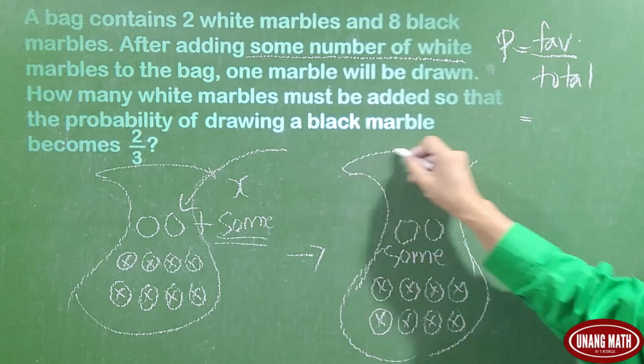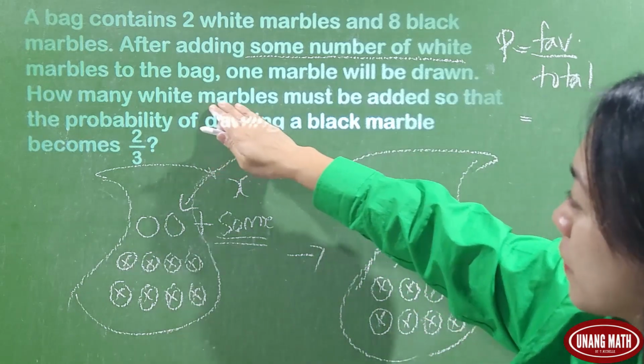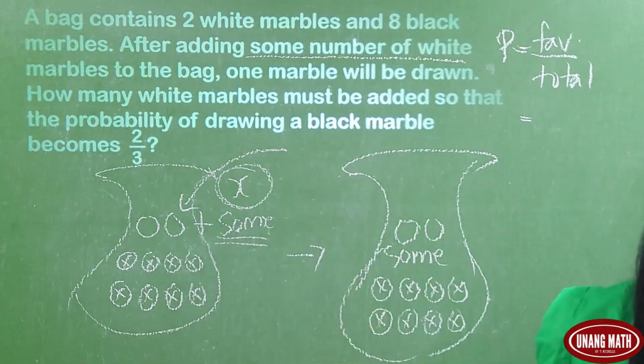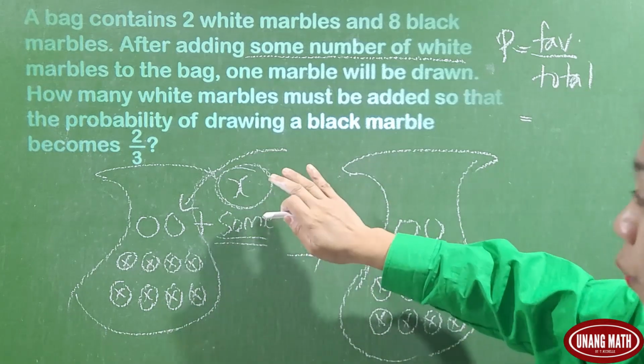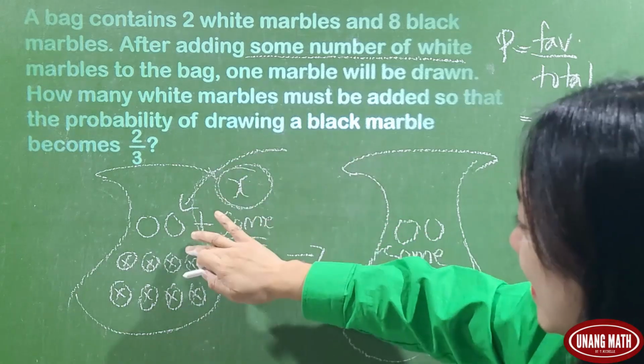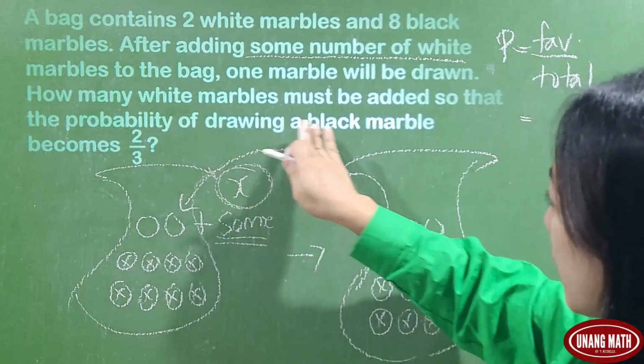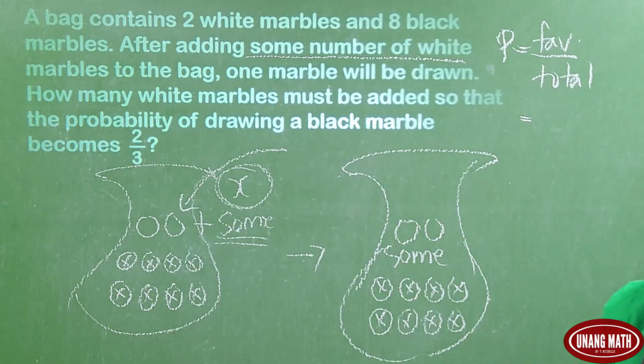We are looking for this value of X, and this refers to the white marbles being added in this bag, so that the probability of drawing a black marble becomes 2 over 3.